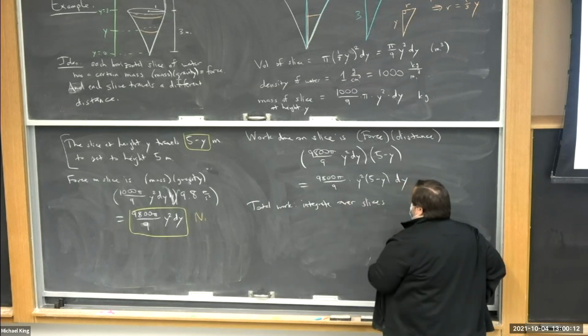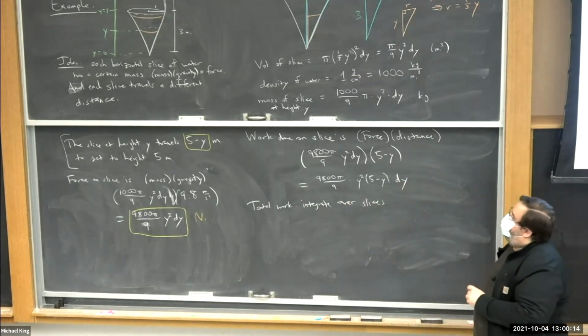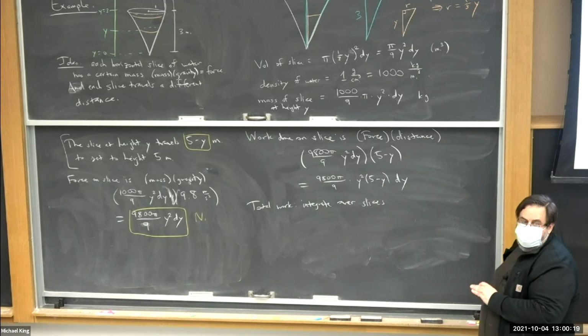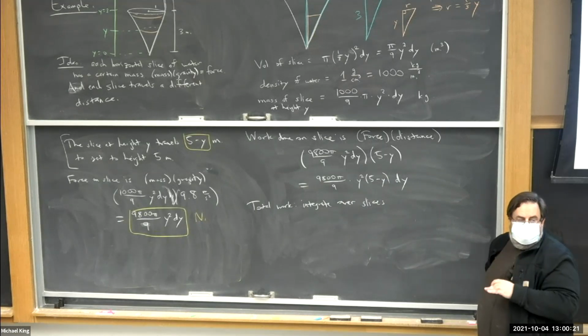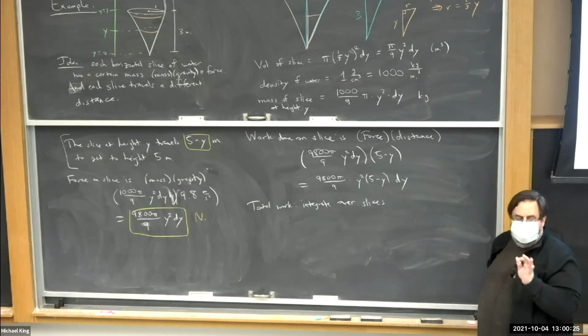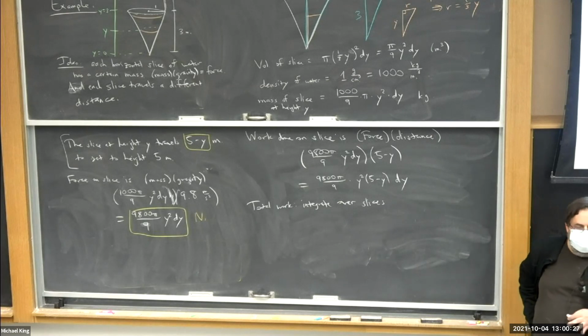Where do the slices range from, y equals what to y equals what? It's just 0 to 3, right? Because the top of the tank is at 3. So don't make a mistake and actually do 0 to 5 or something like that.